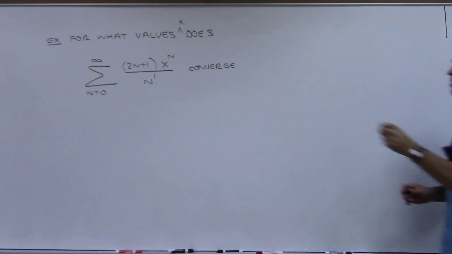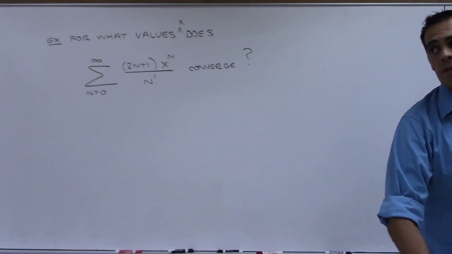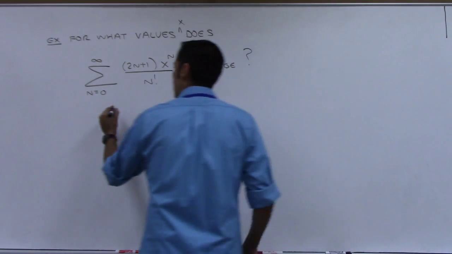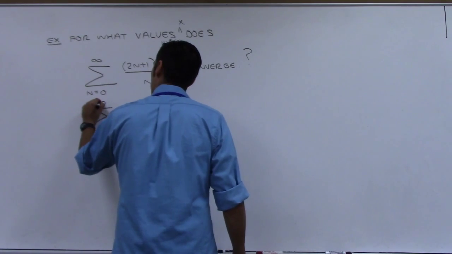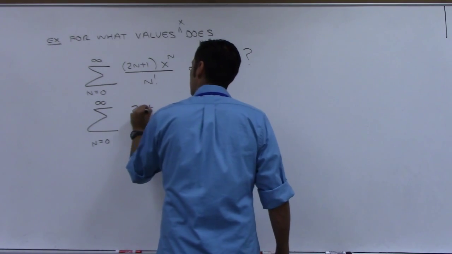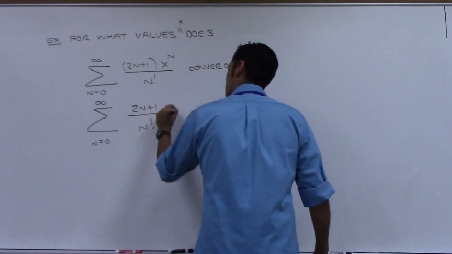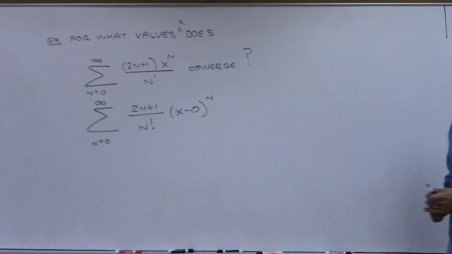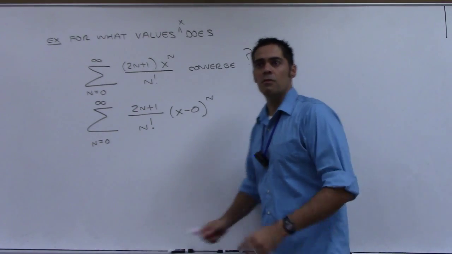Well, before we answer this question, let's make sure it is a power series. Does this look like a power series? Can I rewrite this as (2n plus 1) over n factorial times (x minus 0) to the n? Is that fair for you? Seem logical?